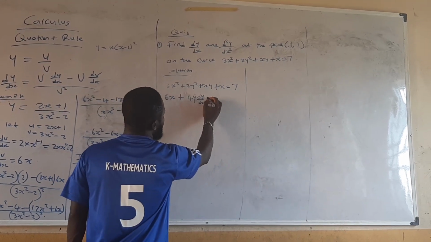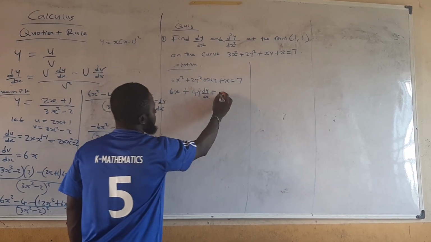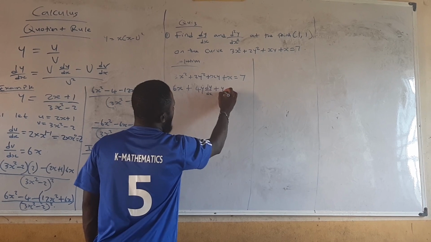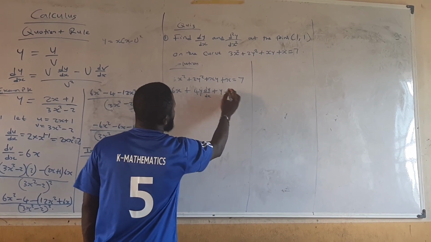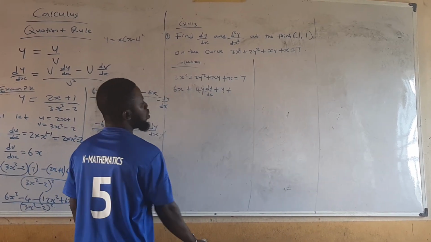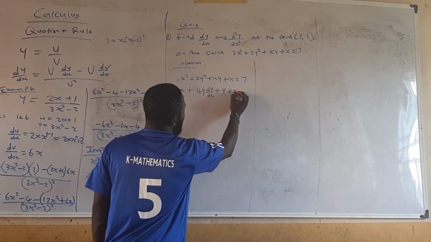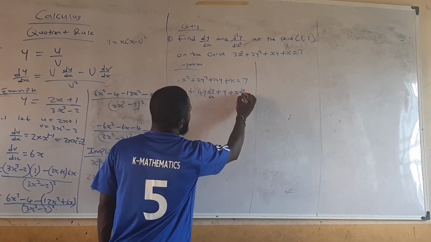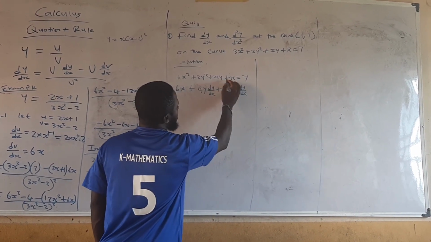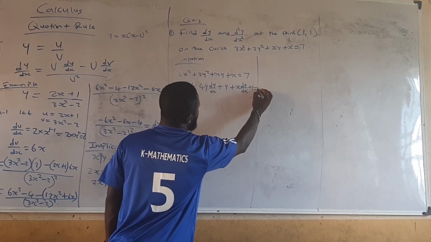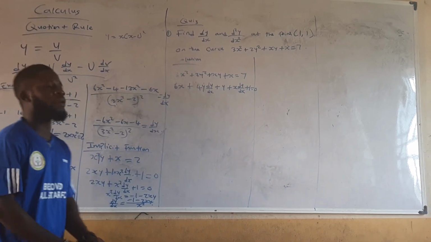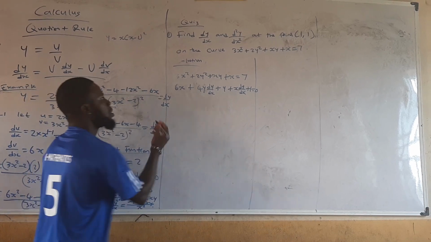Then you differentiate xy: differentiating with respect to x will give you y, plus when you differentiate with respect to y, that will give you x dy/dx. Then plus 1 equals 0 because the differentiation of a constant is equal to 0.